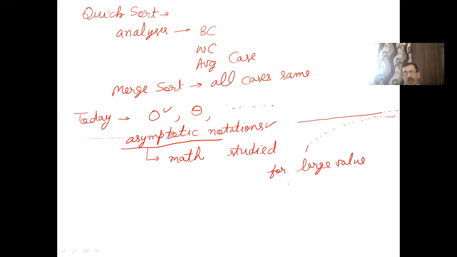Approaching limits, boundaries or thresholds is what we are targeting to find through these asymptotic notations. Of course, this is not a very precise way of estimation, but yes, it is an acceptable way of estimation. Well, you have been using big O notation. But last time we also talked of a theta notation.